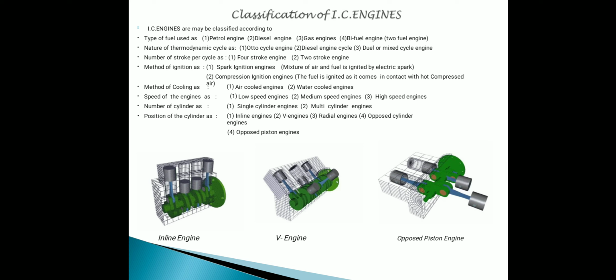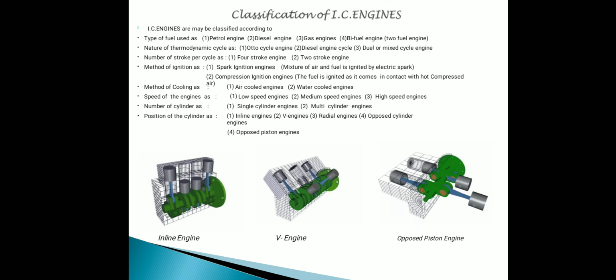Now the classification of IC engine. IC engine can be classified in different ways. First of all, petrol engine, diesel engine, gas engine. Then compression ignition engine and spark ignition engine, based on different operating and application phenomena. There are different design configurations also available.